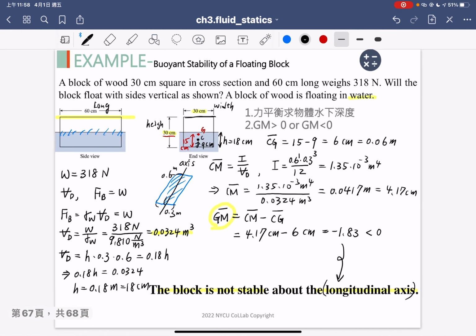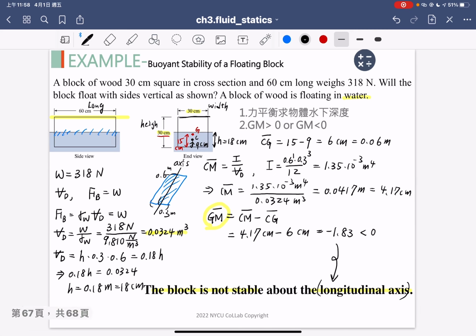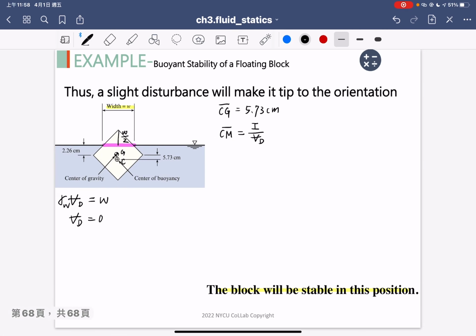We already know the VD from the previous question, which is 0.0324 cubic meters. But right now we don't know the W length.